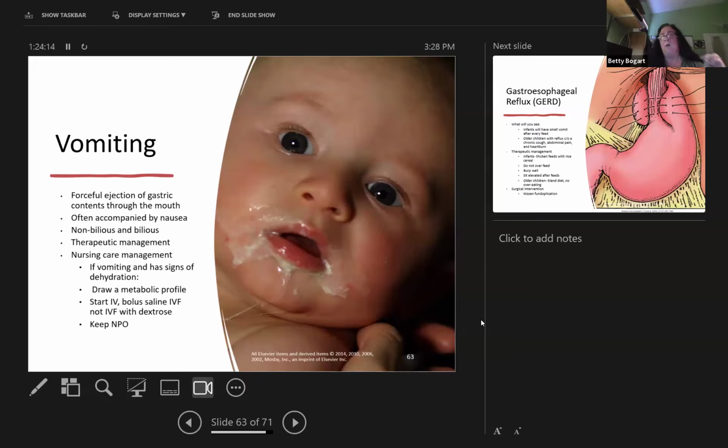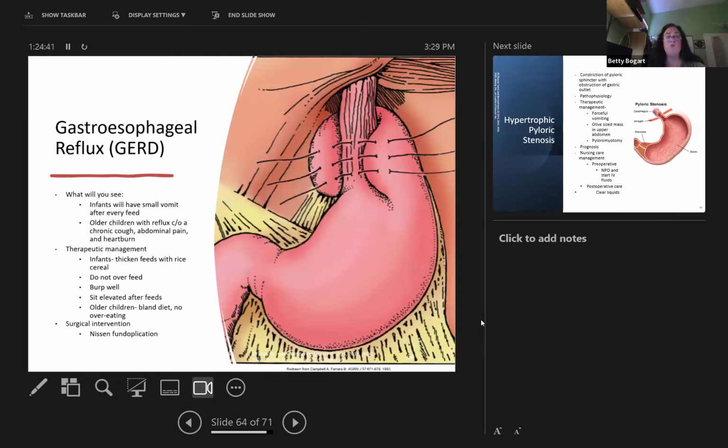And again, we're going to start bolusing that child with normal saline. Again, never with potassium, never with dextrose. We don't do that. And then we keep that child NPO and give them some oral or IV anti-emetic drug, Zofran. And of course, you're not going to feed this child until the vomiting stops.